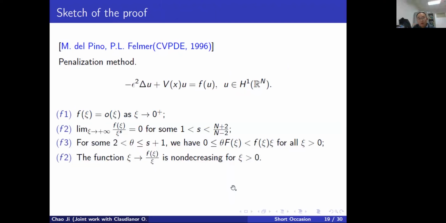Our result is motivated by this paper. I guess you all know this paper. Del Pino and Felmer is a very famous paper. They considered this equation.